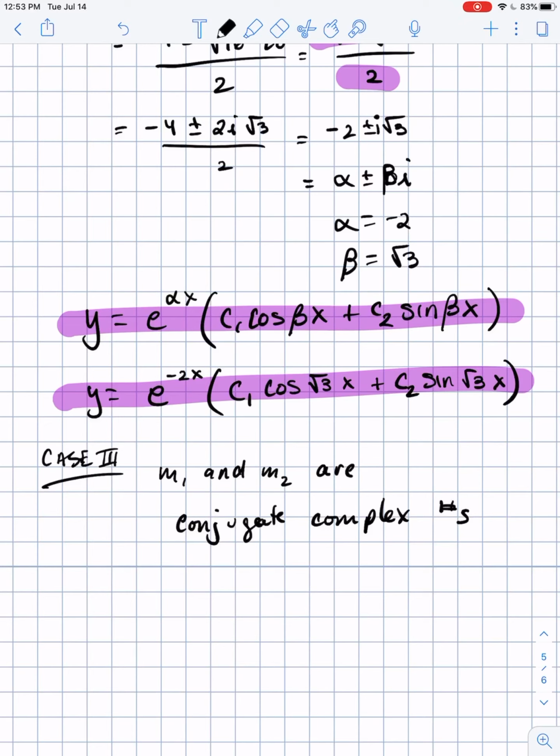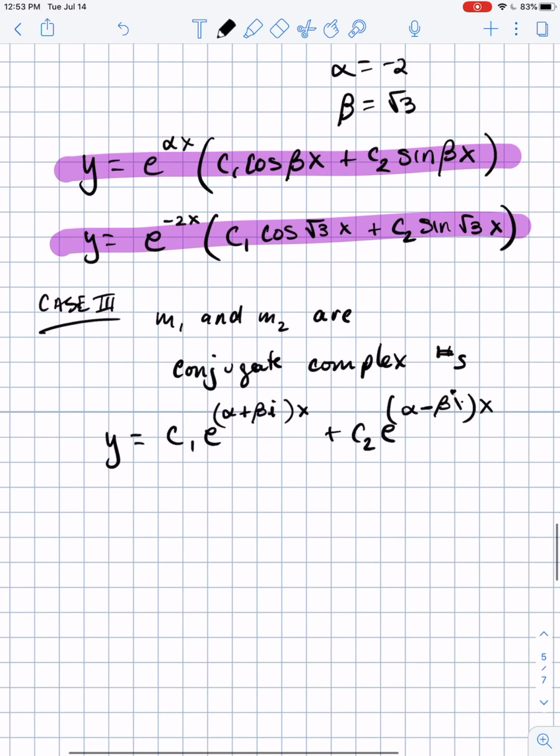So really if you did it how we did that first case, you would get c1 e to the conjugate, so you would have alpha plus beta i times x, plus c2 e to the same thing, alpha minus beta i times x. You would have something like that.